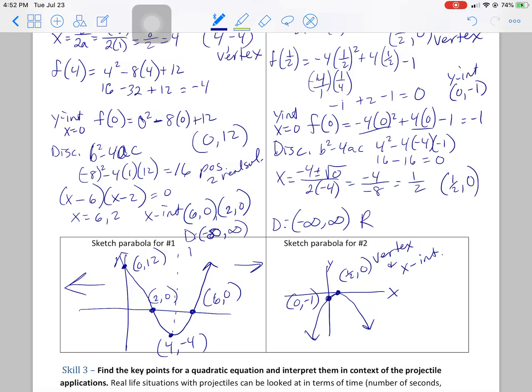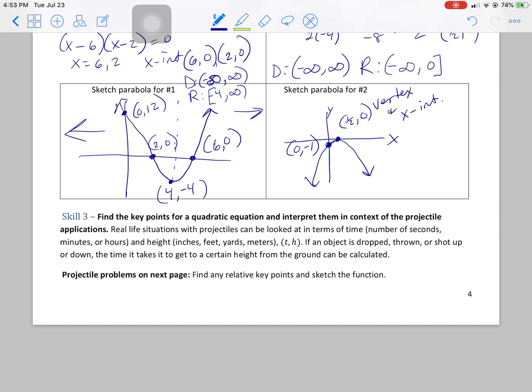And the range, this goes down. This one goes down forever and has a max of 0. Yep. Okay, for the y value.